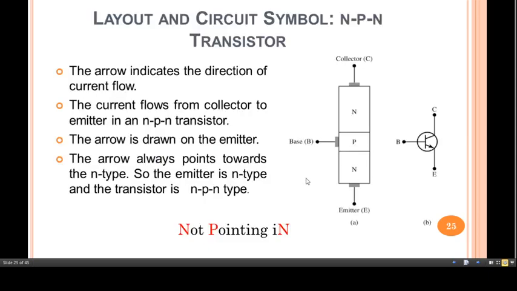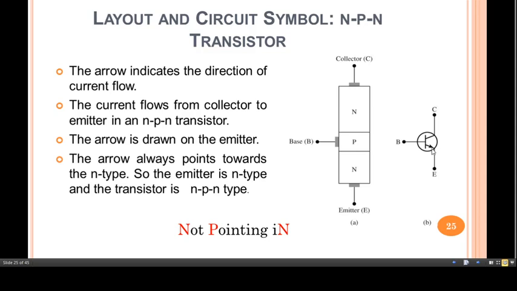Now the layout and circuit symbol for NPN transistor. This is the layout of NPN transistor, and this is the symbol. Here we can observe two junctions: between emitter and base, this one junction, and between collector and base another junction. In this symbol you can observe this arrow.